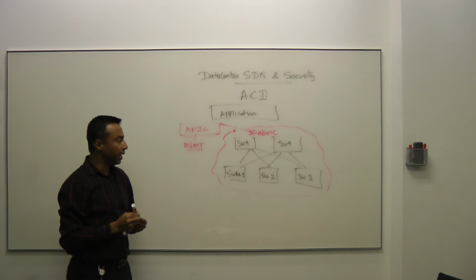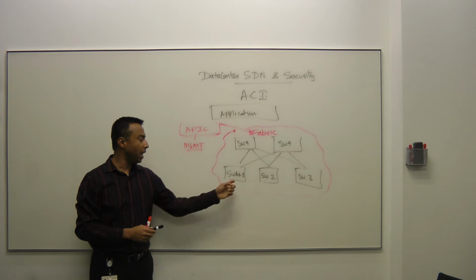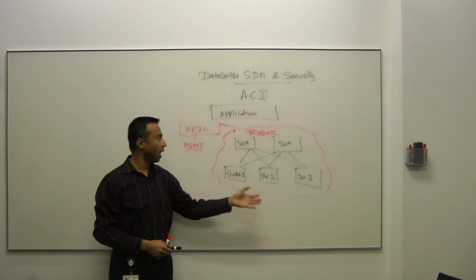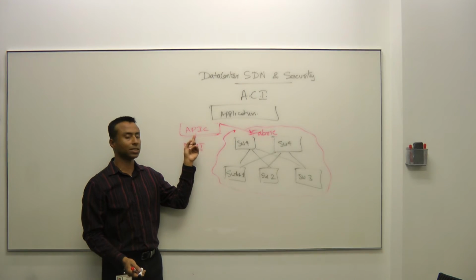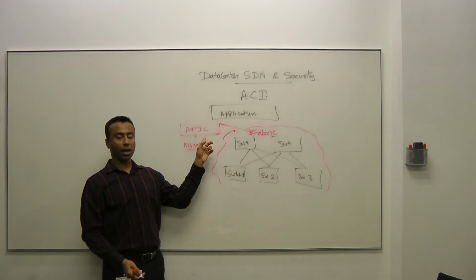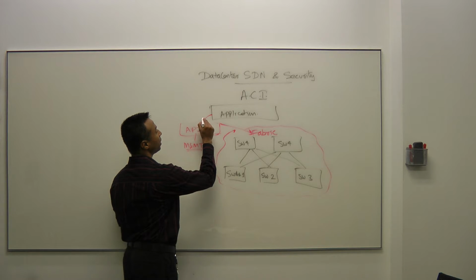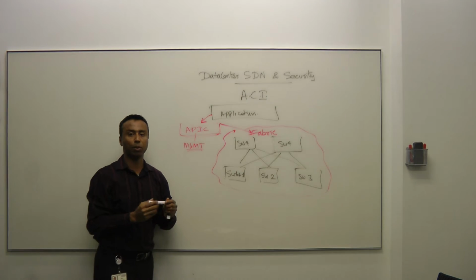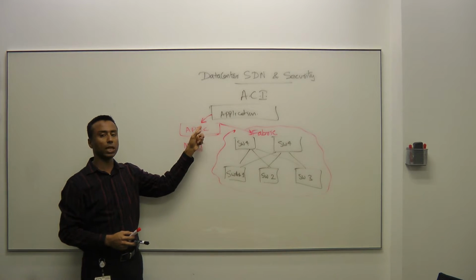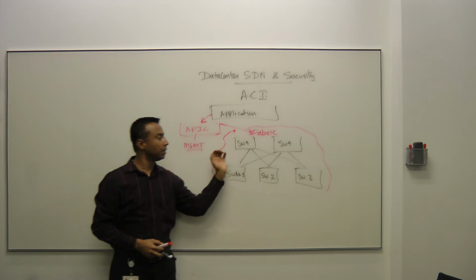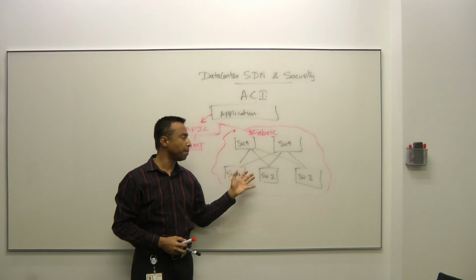So now, instead of managing each individual device, I have simplified management using a single pane of glass management, which, by the way, has direct hooks into the application. So what I'm able to do now is define a policy based on the application in the controller, and then this entire network is automatically configured.